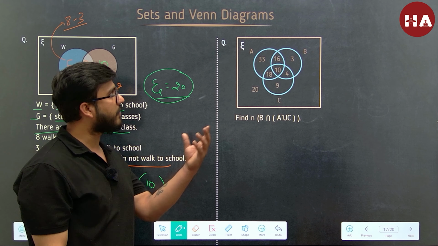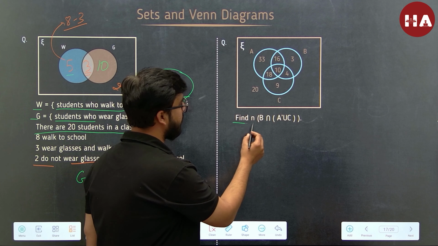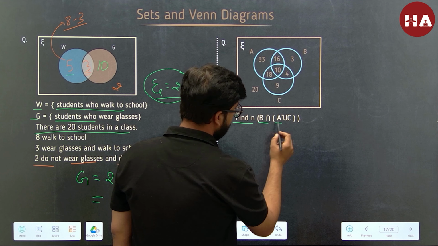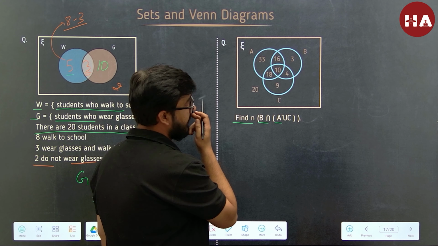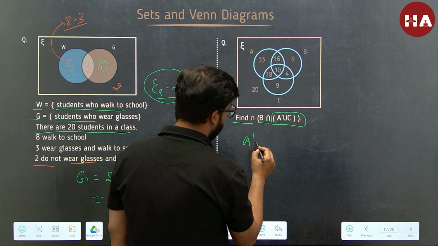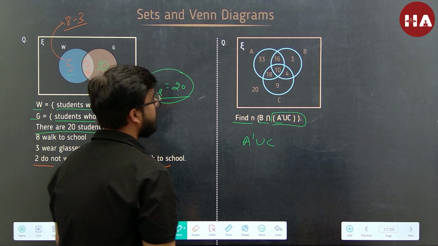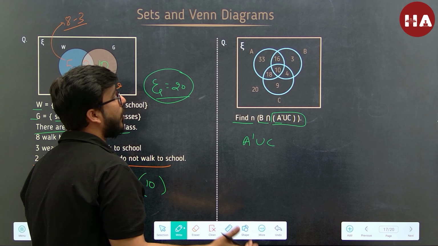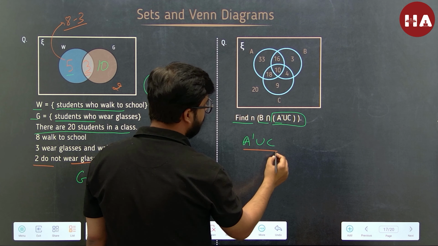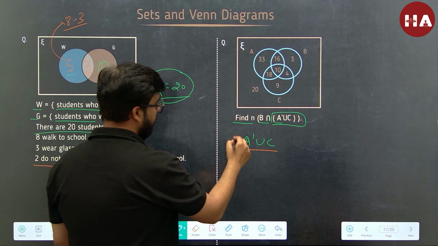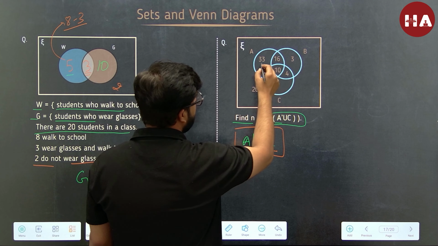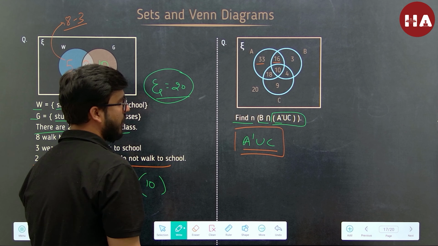Okay, now moving forward. I have to find the value of n of B intersection (A complement union C). So A complement union C you have to solve first. So I have to shade A complement union C. A complement means the part should not be in A. So I will exclude the parameter A because I am taking not in A. So 33 and 16 will be excluded.